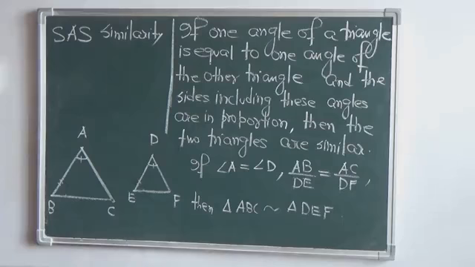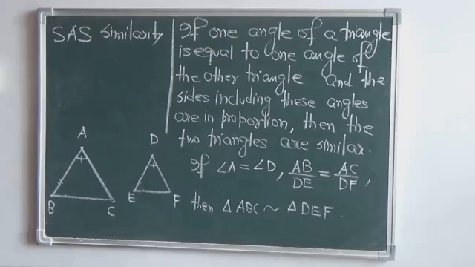Hopefully it is clear now, the three conditions that we have discussed about how to prove that two triangles are similar. The first one is the AA criteria or AAA criteria, where you need to prove that two corresponding angles of two triangles are equal.